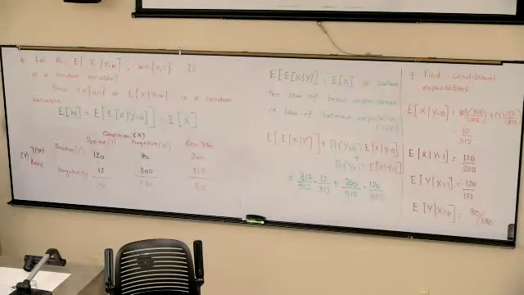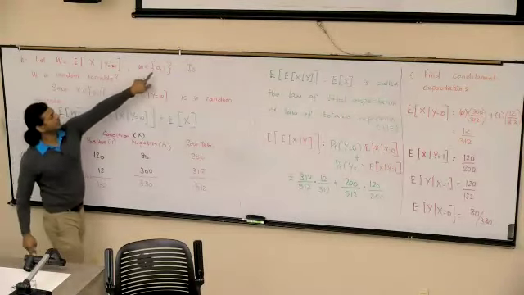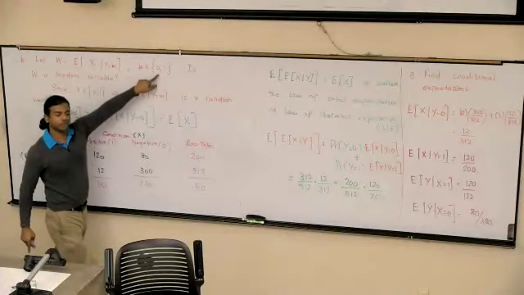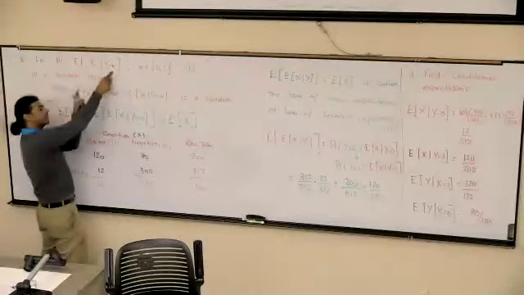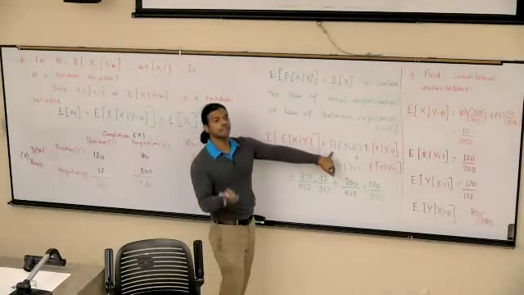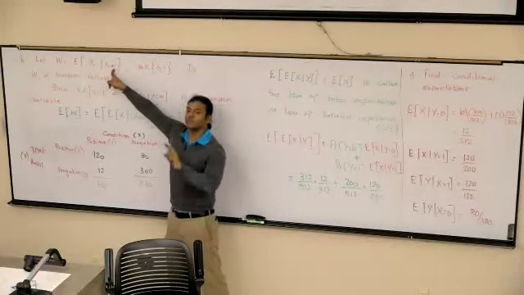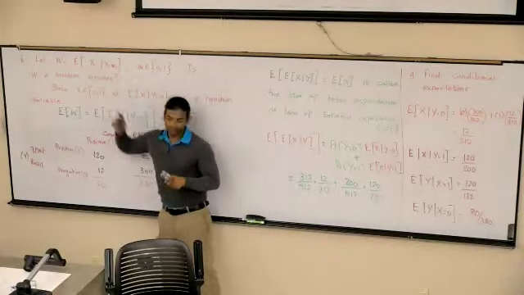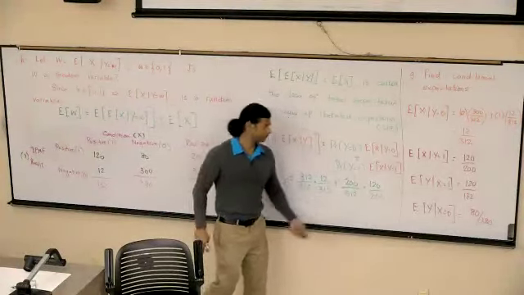So the random variable W has two outcomes, W equals 0, W equals 1. When W is 0, the probability of that happening is probability that Y equals 0. When W equals 1, the probability of that happening is probability Y equals 1.